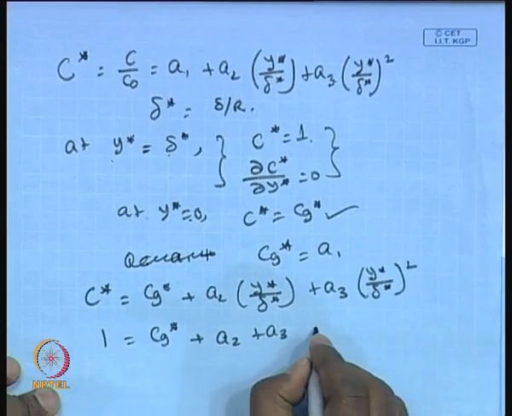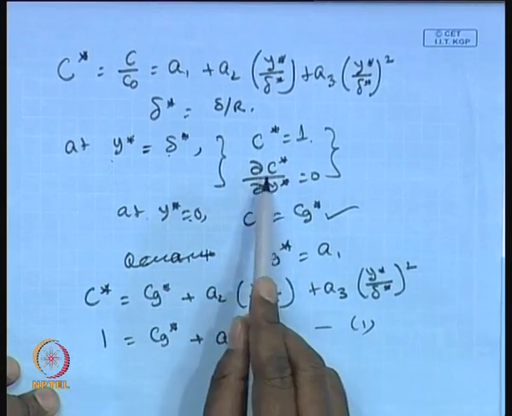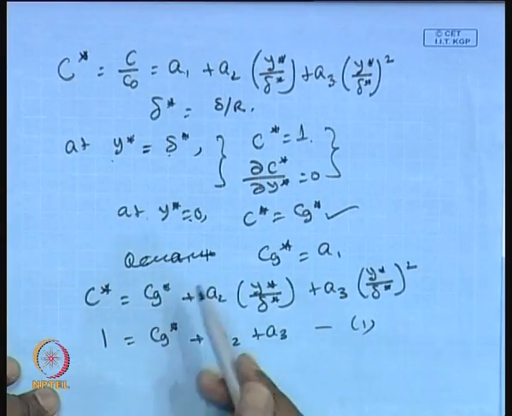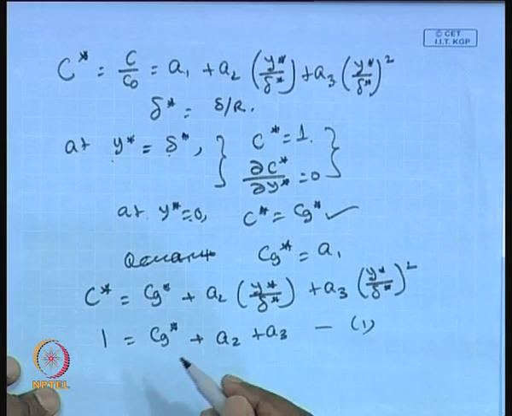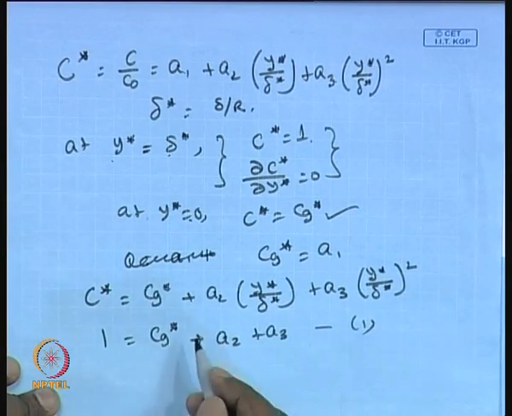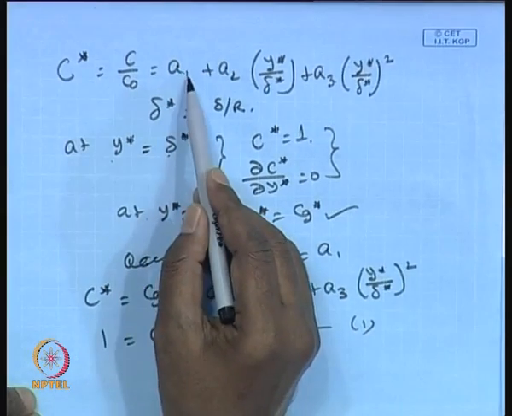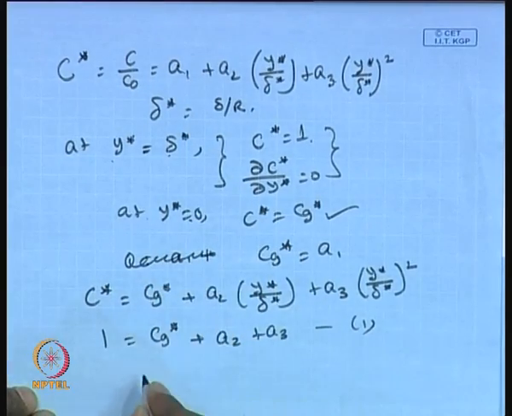That is condition 1, and the other one is del C star del y star equal to 0. You take the derivative of this equation and put it equal to 0 at y star equal to delta star. Since the gel layer concentration is constant, the derivative of the first term will be equal to 0.